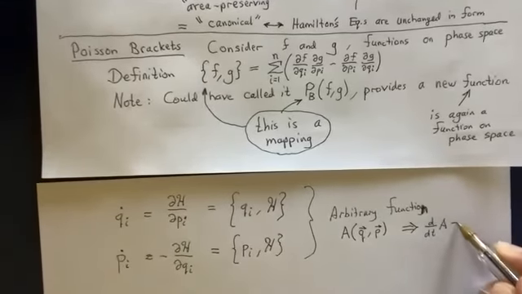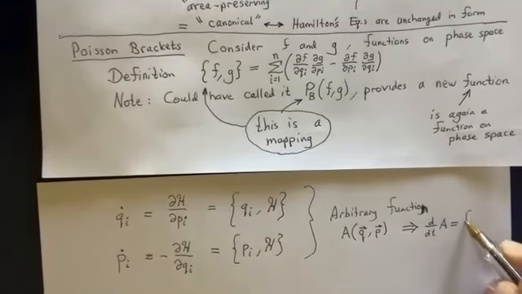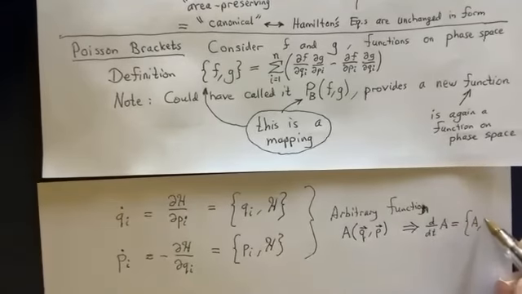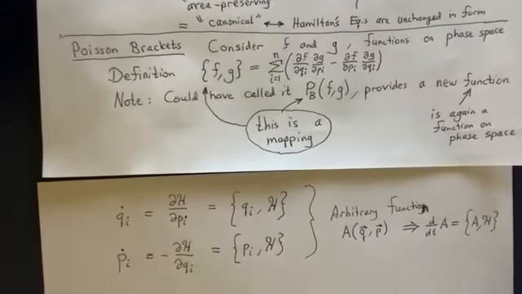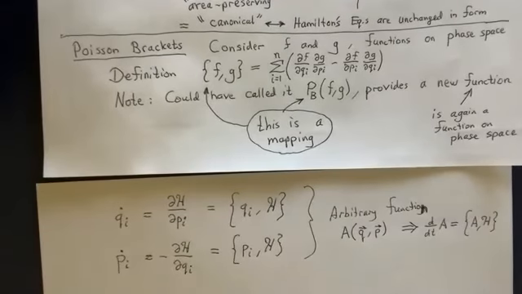This is equal to the Poisson bracket. All right. And you have similar results in quantum mechanics. I won't do a whole bunch of quantum today, but there are similar things in quantum mechanics with the Poisson bracket with the Hamiltonian.